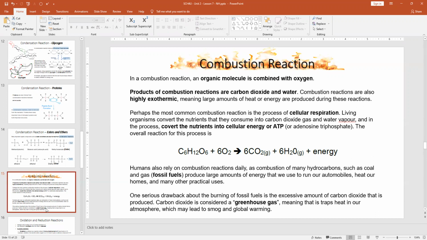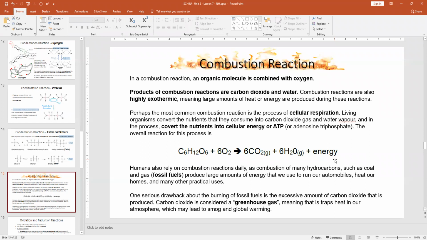So an organic molecule is combined with oxygen, resulting in carbon dioxide and water, and also quite a lot of energy. Combustion reactions are highly exothermic. Exothermic is an energy term that means it yields energy, and large amounts of heat or energy are often produced by these types of reactions.